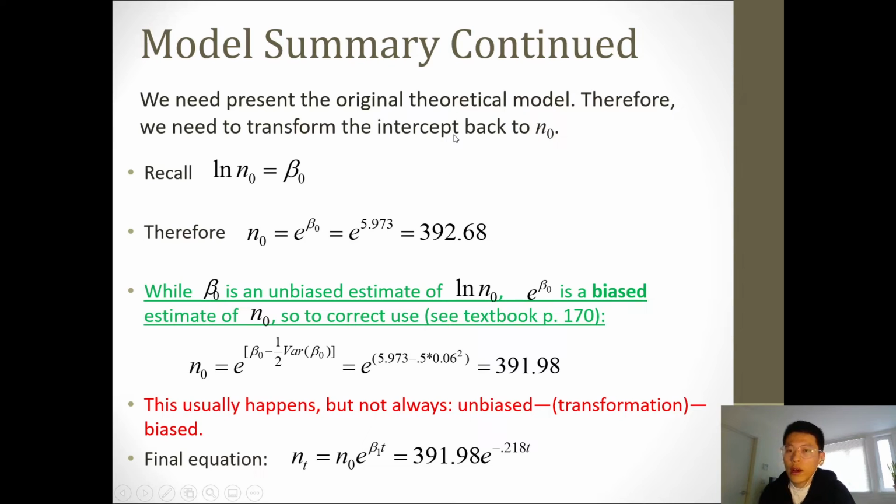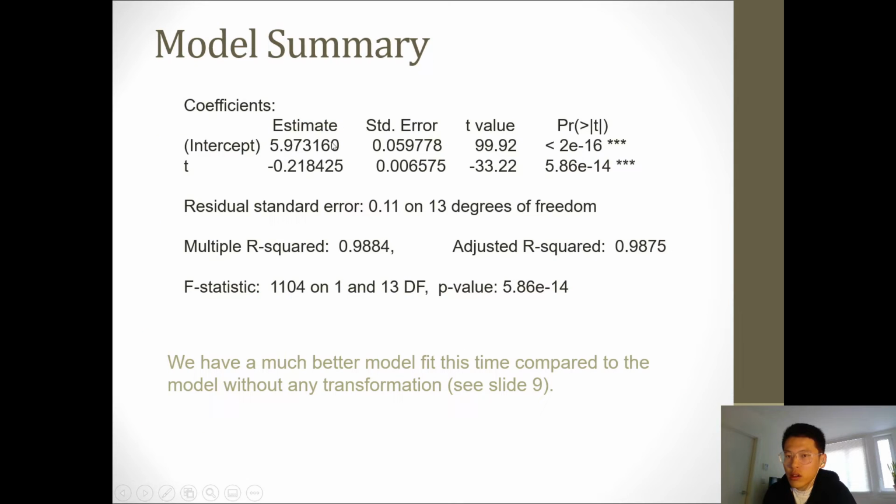As we said, the original model is an exponential model, so we need to transform the intercept back into n0. What we get here is the estimate of log n0, so this is log n0 hat.